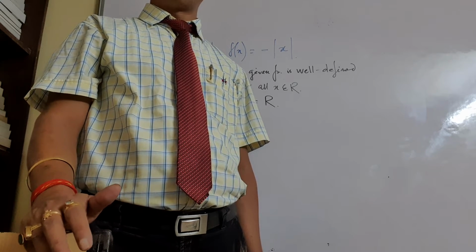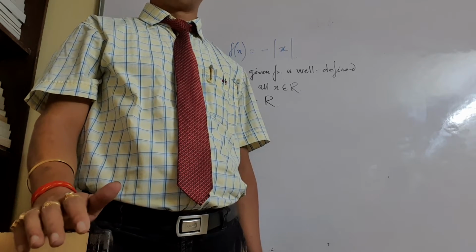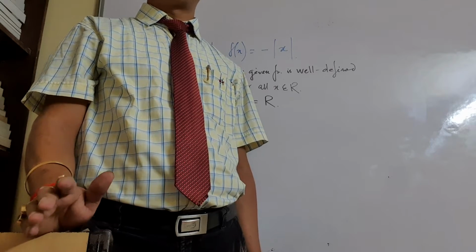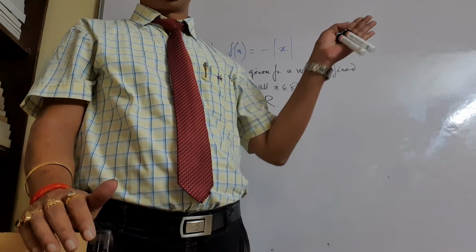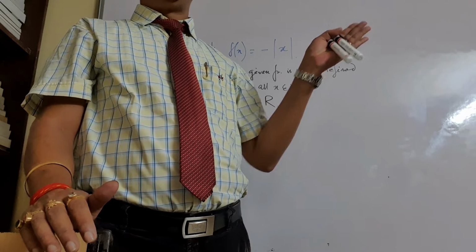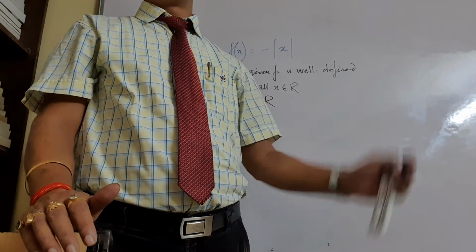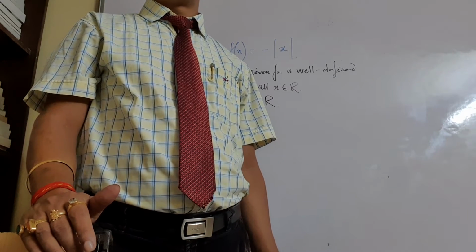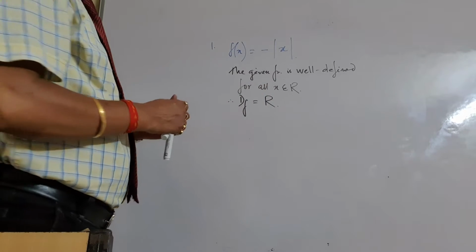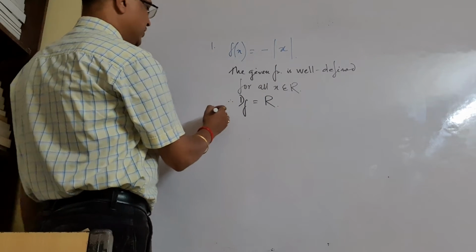For any other real value, it will always be negative. So the range will start from 0 and go in the negative number line, so the range will be 0 to minus infinity. But we can do it in some mathematical way here.